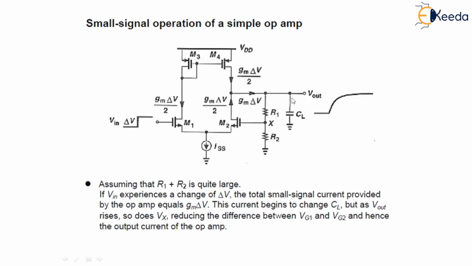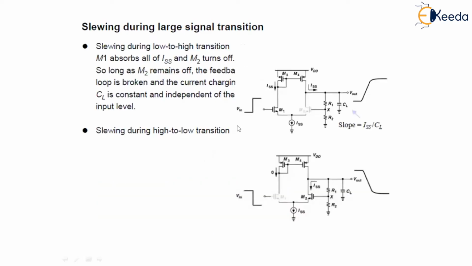Now suppose delta V is so large that M1 absorbs all of this ISS, which will turn off M2. The circuit then reduces as shown in this figure.